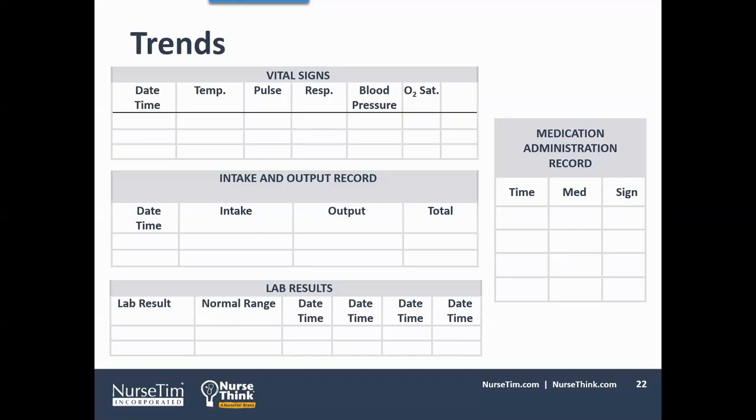A trend item is the second type of standalone item that a student may see. And trends simply means they're going to have lots of information, lots of data, lots of assessment findings, lots of trends of information that they're going to have to evaluate and scrutinize and look over and monitor and think about how it interrelates in order to answer the question.